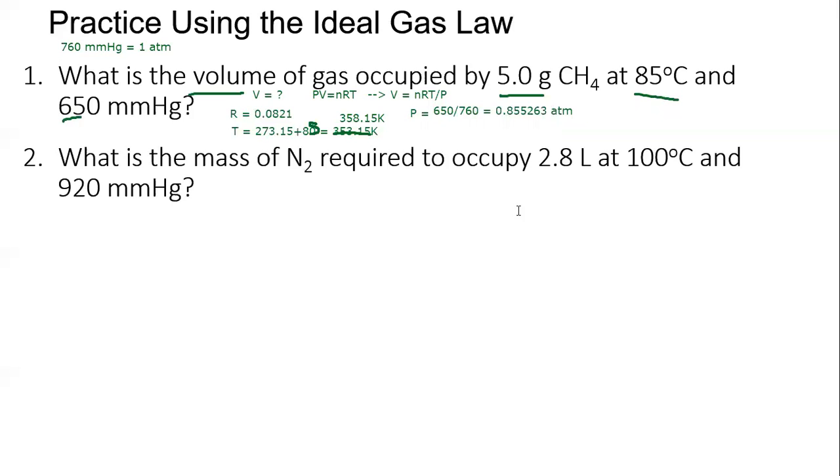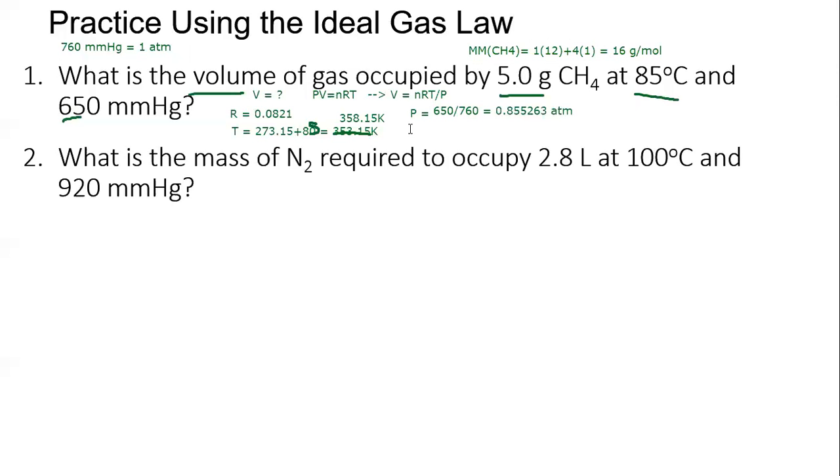The last thing we need to do is find the moles, and you'll notice that it's given us the mass of methane. So if you remember back in the earlier chapters, when we had mass, the way we find moles is dividing by the molar mass of methane. So the molar mass of methane would be 1 times 12 plus 4 times 1, and this would be 16 grams per mole.